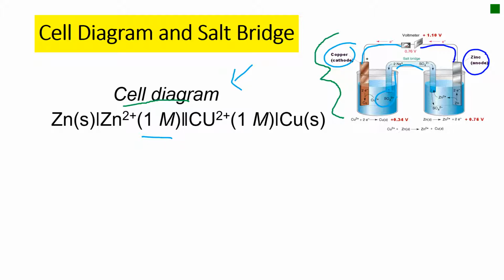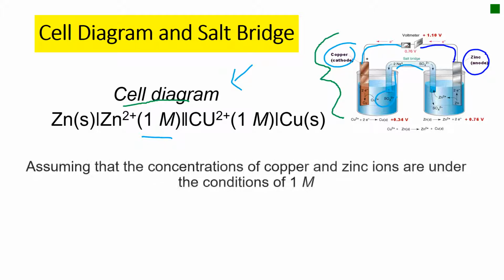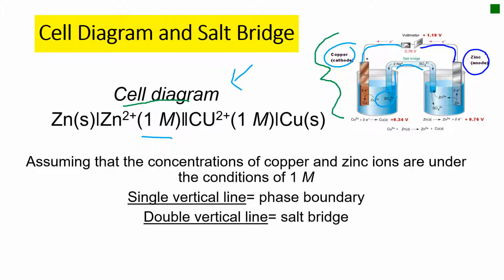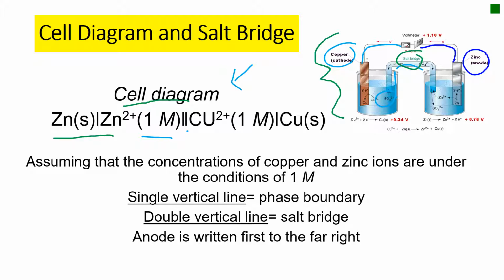The single vertical lines symbolize the phase boundaries, whereas the double vertical line symbolizes the salt bridge, which is over here. The anode, in the cell diagram, would always be written first, on the far left.